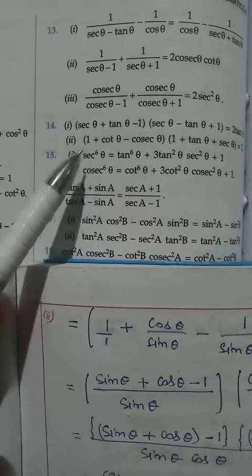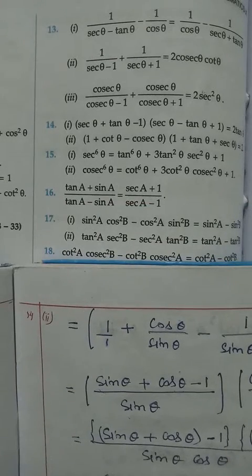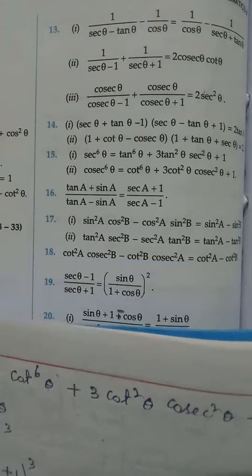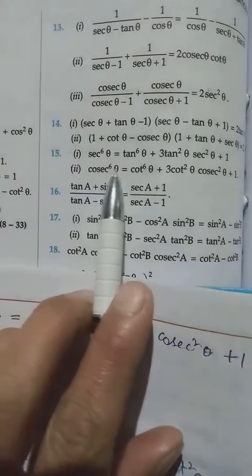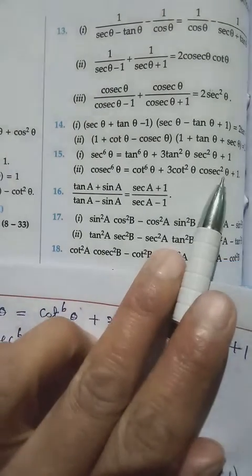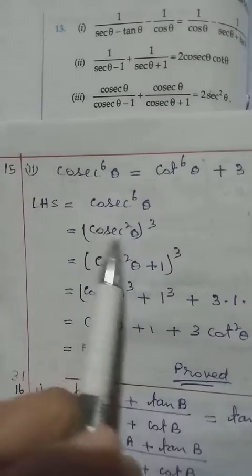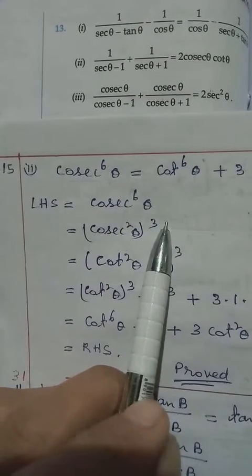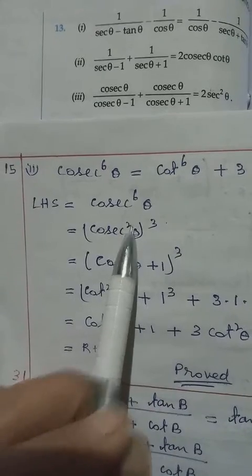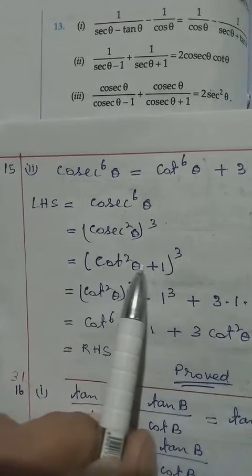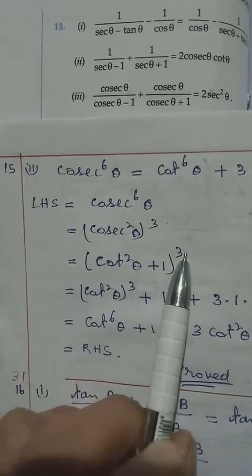Then we'll proceed to the next one, that is 15.2. So more or less it will be the same as 15.1. Here we have cosec⁶, we want cot and cosec. So we don't have a formula for 6, so let us change it as 2 and 3. Then for 2 we have the identity, we can replace (cot²θ + 1) whole cube.